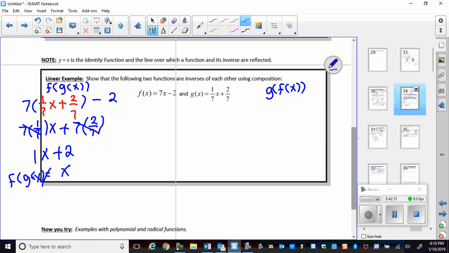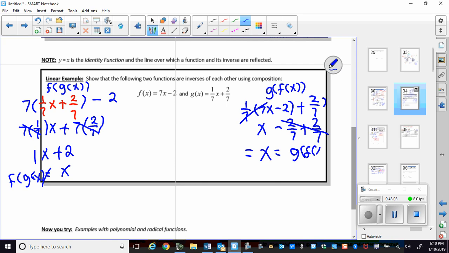So g of f of x. That's like saying 1 over 7 times 7x minus 2, plus 2 over 7, right? These 7's cancel. I'm left with x minus 2 over 7 plus 2 over 7. I get x, this cancels. I get x here. So here, g of f of x equals x. But recall what we said earlier.